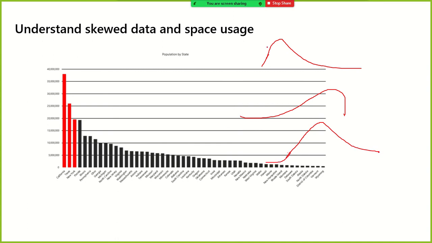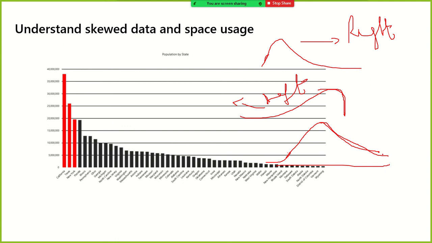So if you look at this example, you can say it's skewed towards the right. This one is skewed towards the left, sloping towards the left side, and this one is skewed towards both left and right at the same time.